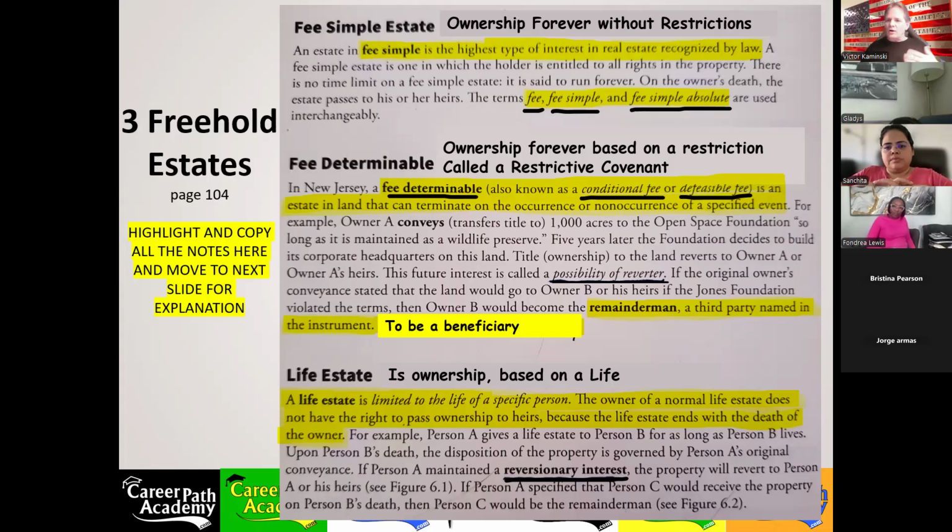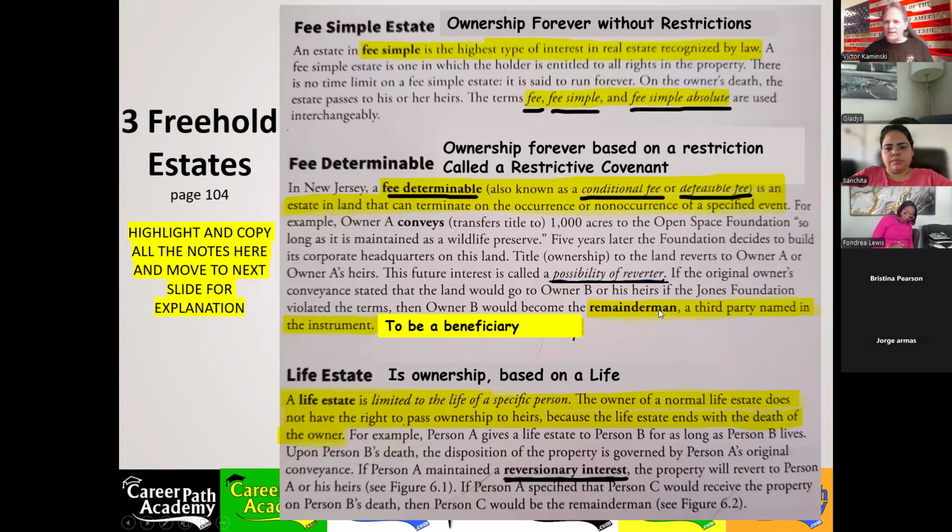However, when that owner sells you the property based on a restriction, they could also say, hey, wait a minute, in the event you violate the restriction, instead of it coming back to me or my heirs if I'm no longer around, I want this other third party to get the property if you violate the terms. That person is called a remainder man. So you could add that term to your definition list too.